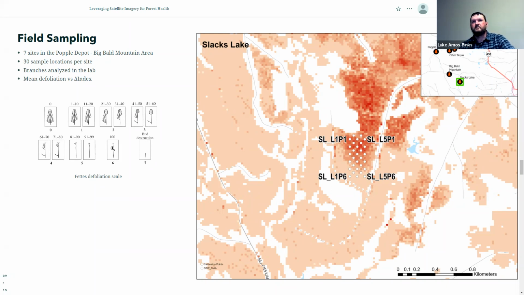across the sites. And we sort of set out the sample locations to try and get a gradient of defoliation values. And we used the change index to try and accomplish that. Because in the end, we really want to be able to translate this change index to some form of defoliation.